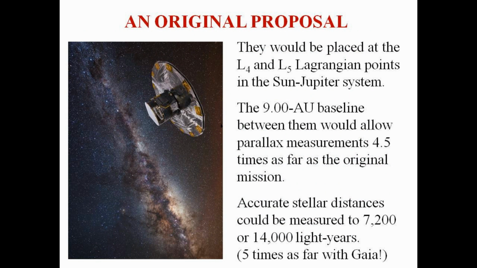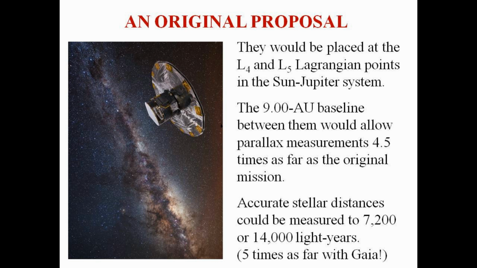If we put 2 of those satellites at the L4 and L5 Lagrangian points in the Sun-Jupiter system, we'd have a 9 astronomical unit baseline that would allow parallax measurements 4.5 times as far as the original mission in the Earth orbit.